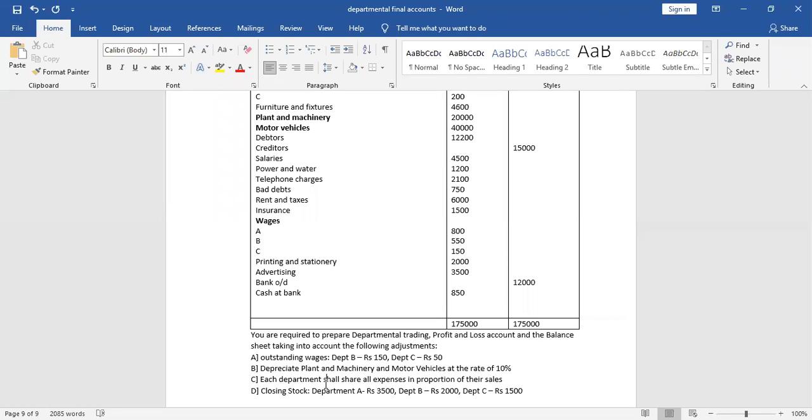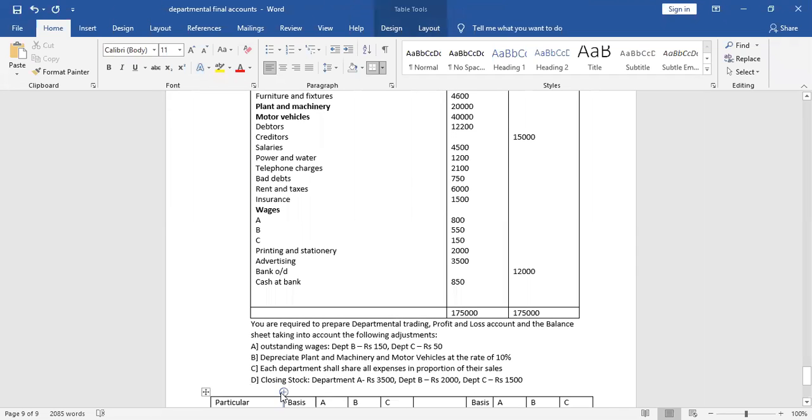Now closing stock, department A is 3,500, B is 2,000 and C is 1,500. With this information, the closing stock will come in the trading account, credit side, and balance sheet asset side.